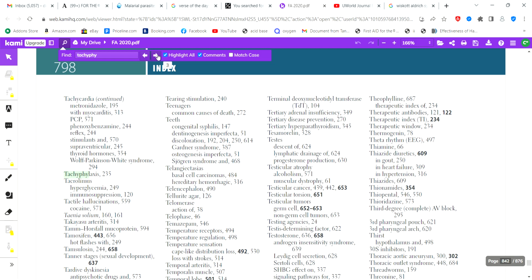Linezolid is used for vancomycin resistant enterococcus and methicillin resistant Staph aureus, and it has MAOI activity. So linezolid and paroxetine will cause serotonin syndrome.